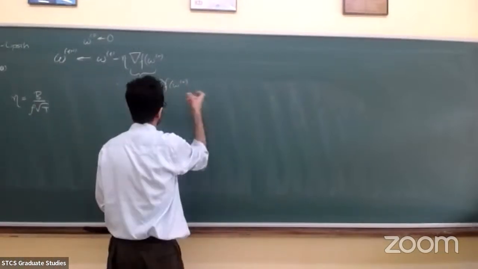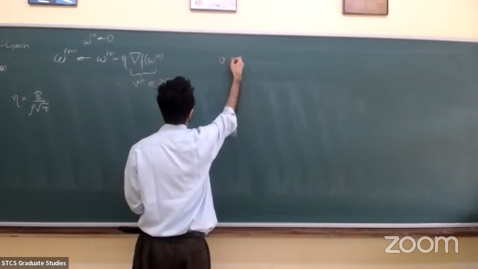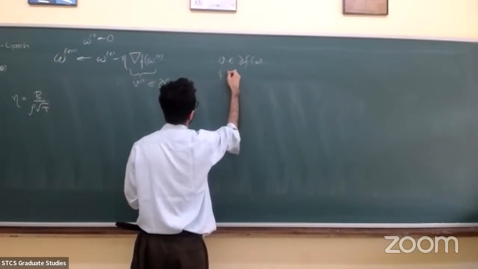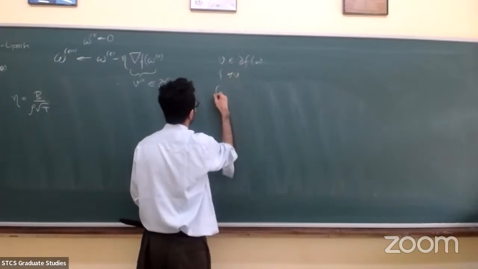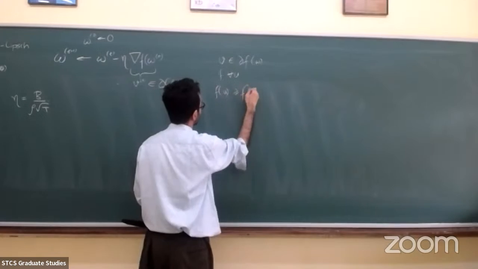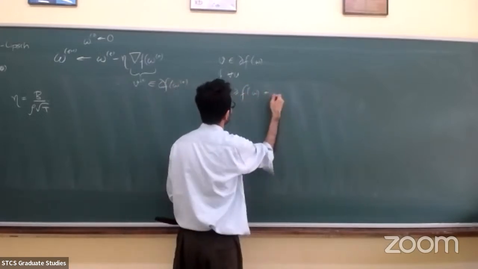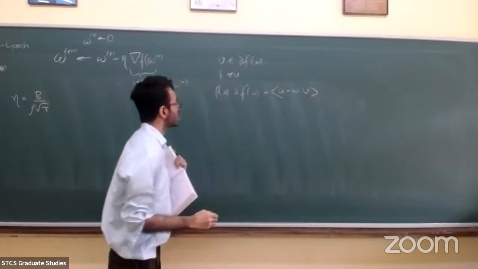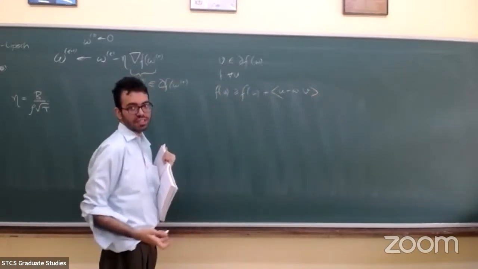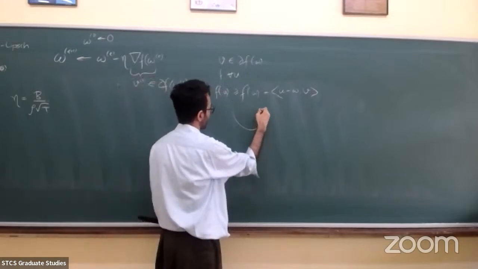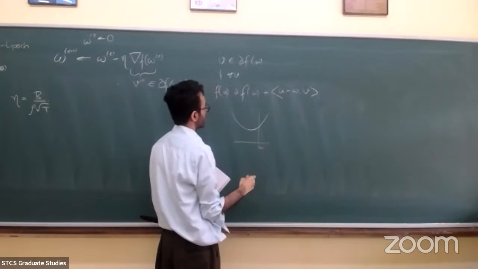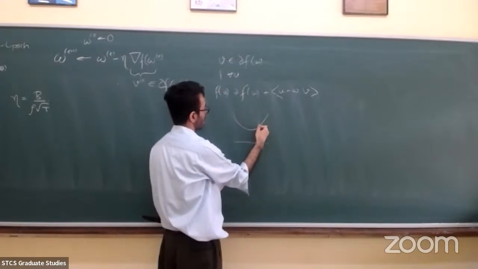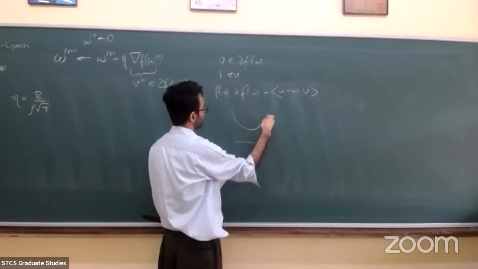V is a subgradient of f at W if for all u, f(u) is at least f(W) plus the inner product of V with u minus W. Pictorially, here is my function and here is my point W, and V is any tangent, anything which lies below this function.